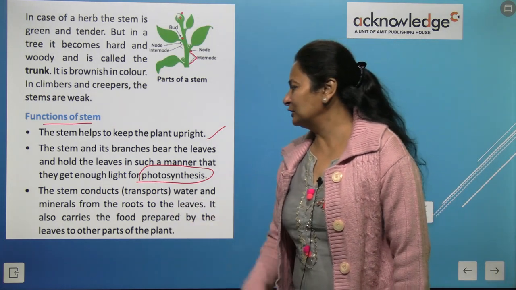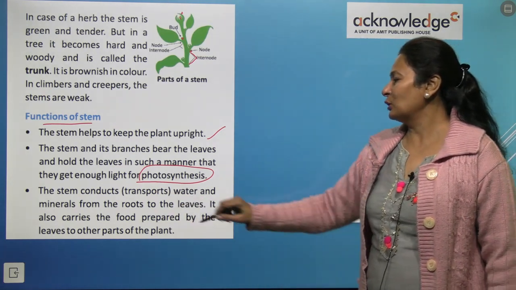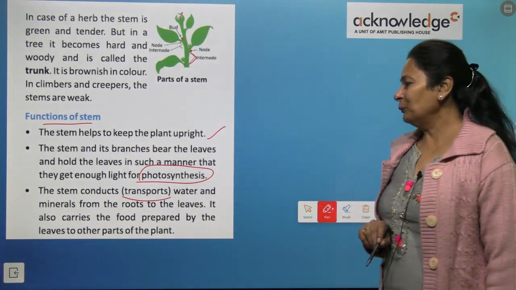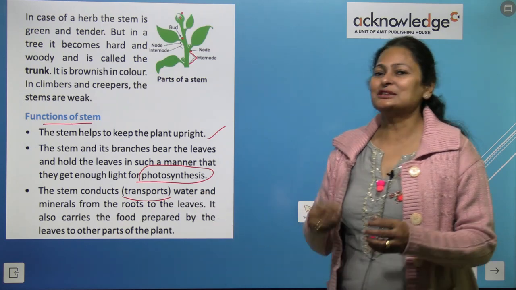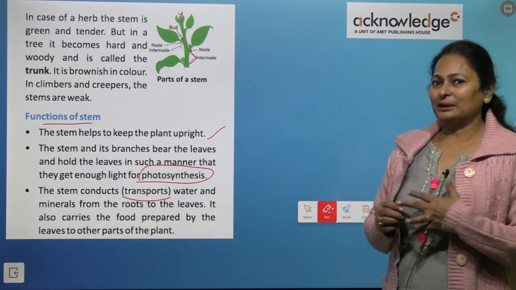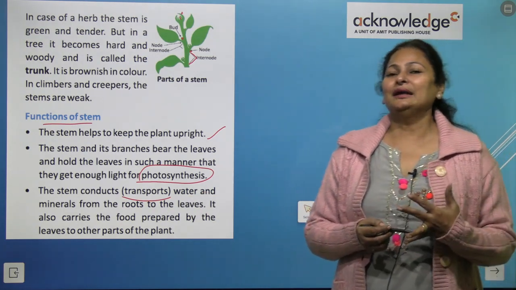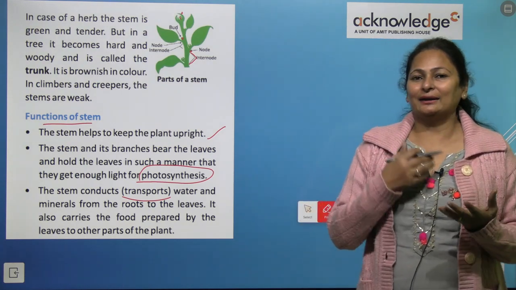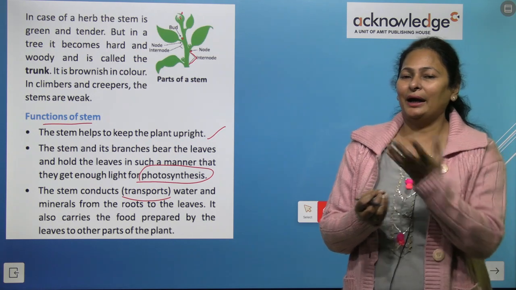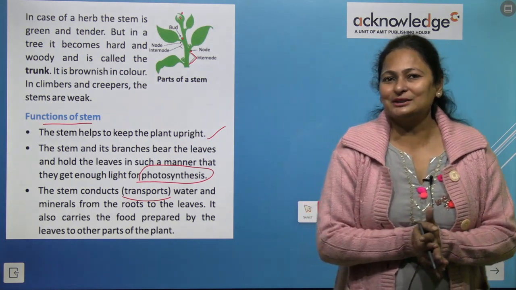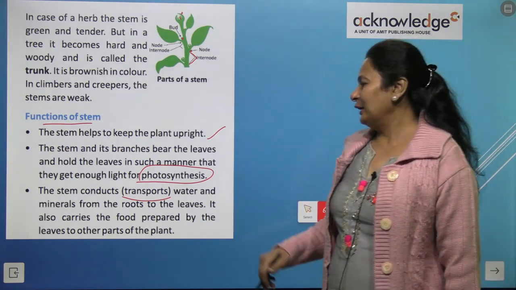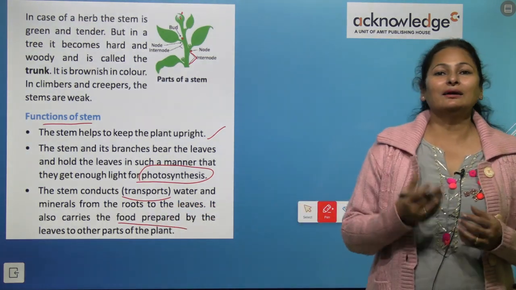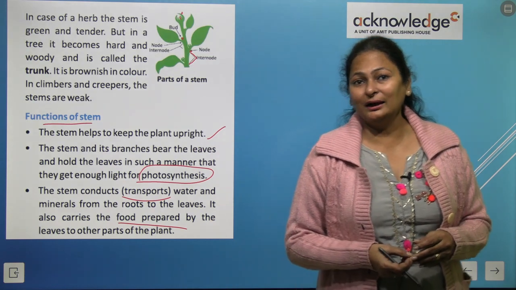Now the next function is that the stem conducts, or you can say transports, water and minerals from the roots to the leaves, because photosynthesis can be done only with the presence of water and nutrients, and this is carried by the stem to other parts of the plant. It also carries the food prepared by the leaves to the other parts of the plant.